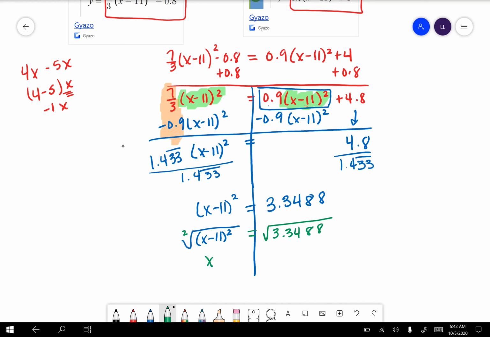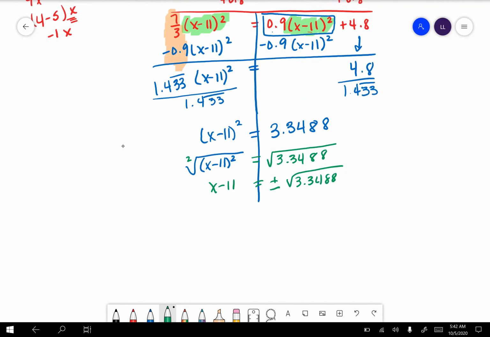So we end up with x minus 11 is equal to plus or minus the square root of 3.3488. And then finally, we're going to add 11 to both sides. So x is equal to 11 plus or minus the square root of 3.3488.